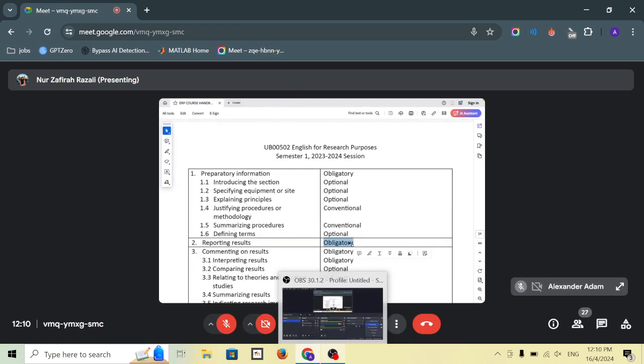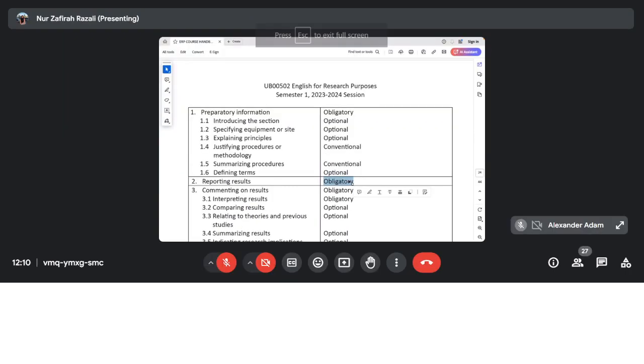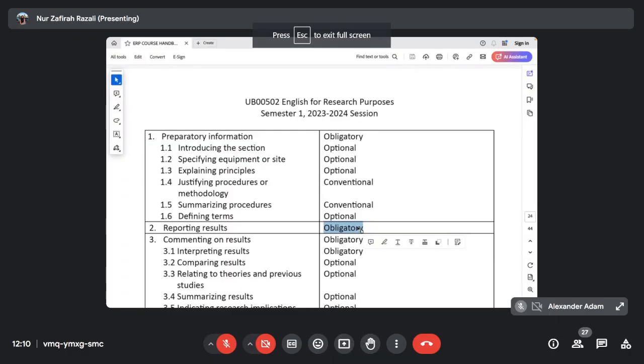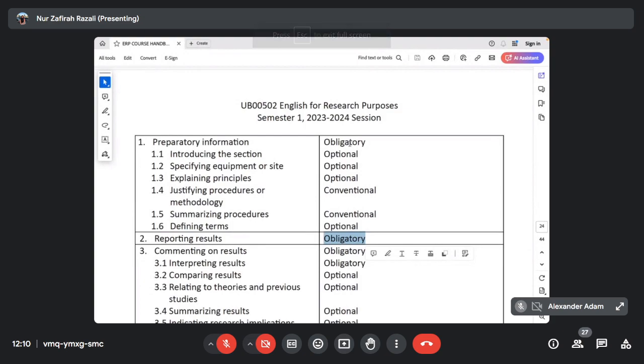So reporting results is memang kena ada, it has to be there. How about optional? For example, introducing the section, this step is optional. Why is it optional? What does it mean by the fact that it's optional? What does it mean actually?